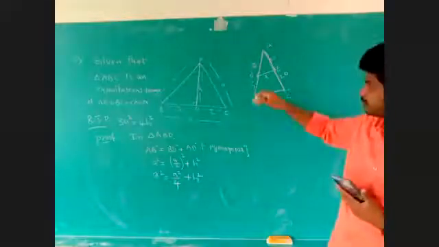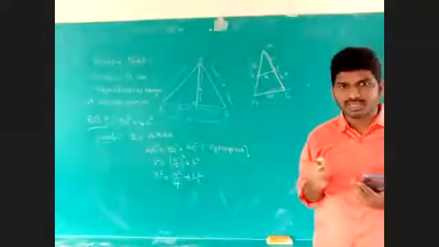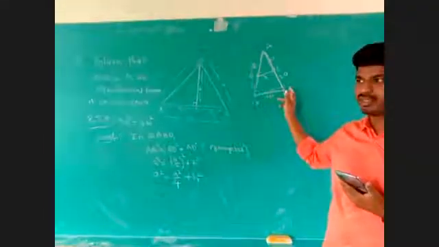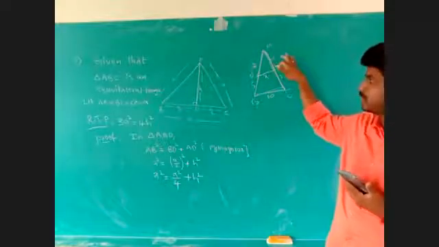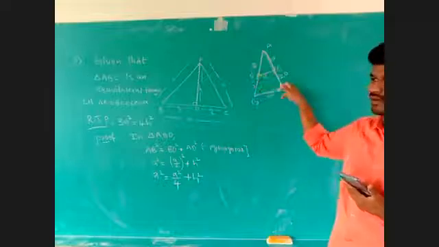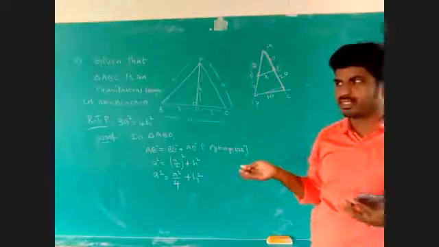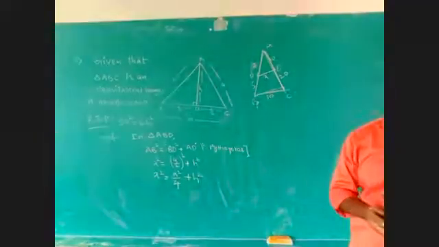Because in basic proportionality theorem, DE by BC, there is no corresponding side DE by BC. In similarity of similar triangles concept, take triangles ADE and ABC, right? Prove that the two triangles are similar. Then write corresponding sides. From those corresponding sides, you can find the value of X easily.